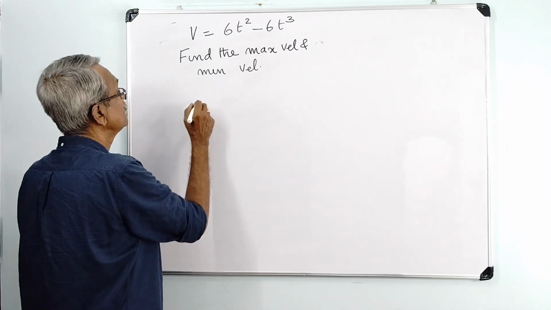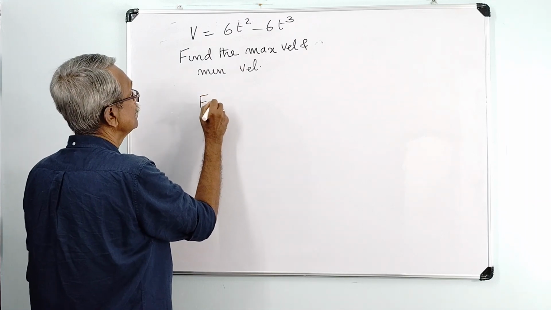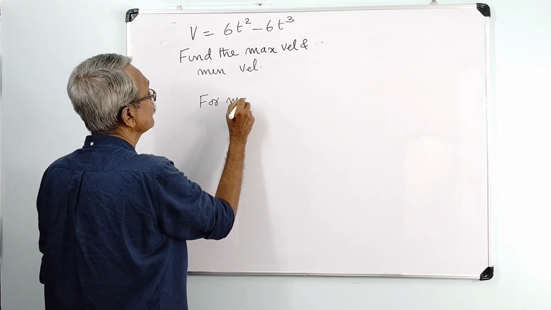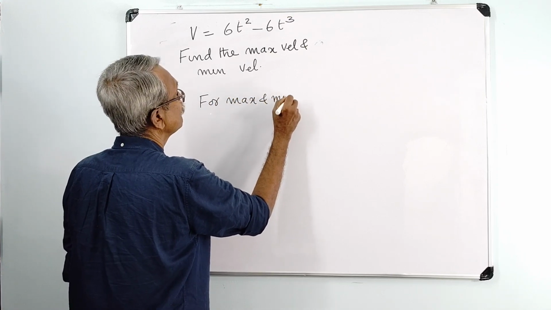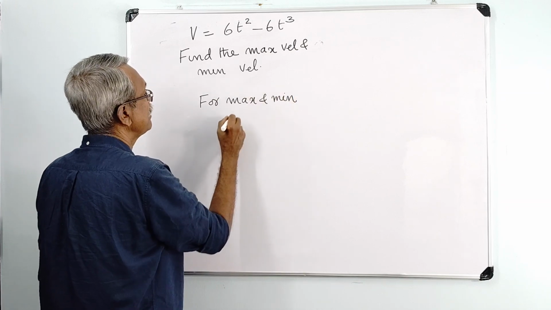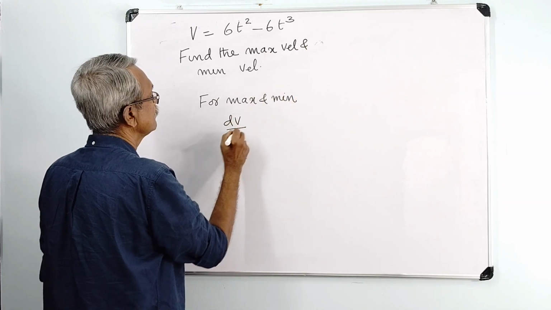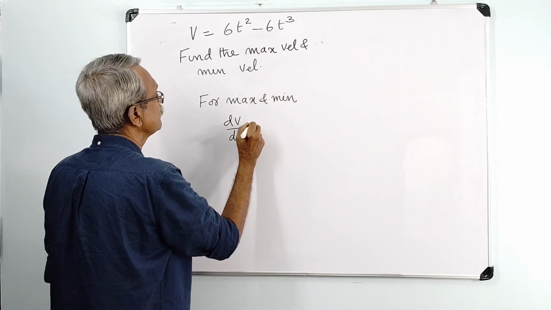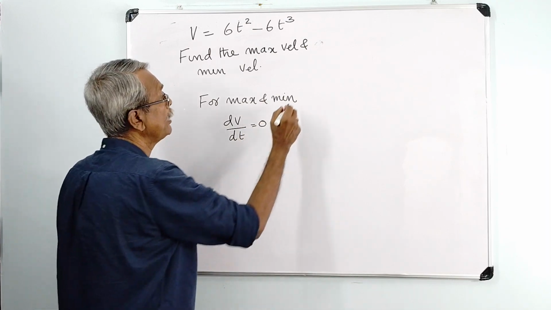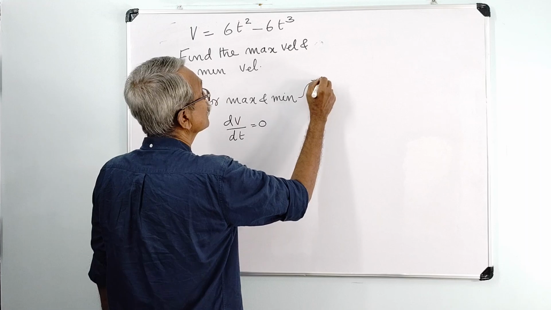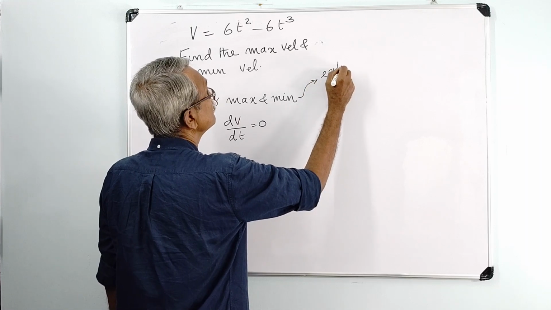We know that for maxima and minima, dv by dt equals 0. This maxima and minima combined together is called an extremum in physics.